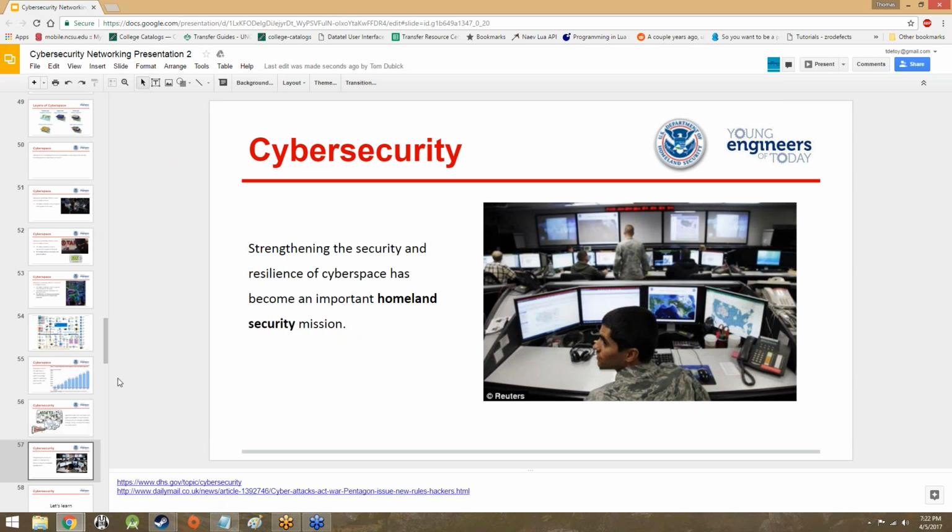Strengthening security and resilience of cyberspace has become an important homeland security mission. This is definitely true. As we begin to better understand the implications of these actions and how they can affect us as a nation, we've begun to prioritize more and more the safety of our cyberspace systems.